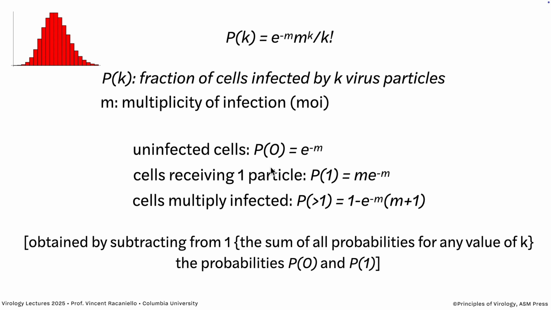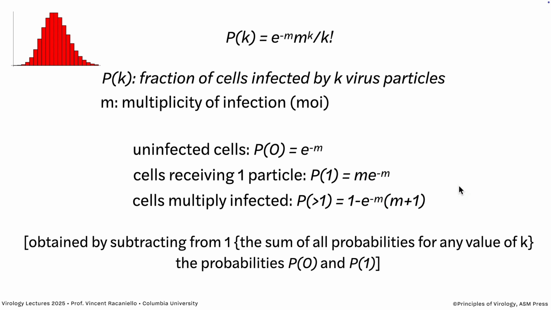If you want to know cells receiving 1 particle, that's P1 equals m e^-m. And if you want to know the cells that are multiply infected, more than 1, this is the formula for that, which is obtained by subtracting from 1, which is the sum of all probabilities for any value of k, the probabilities P0 and P1. You can see e^-m and m e^-m in there.